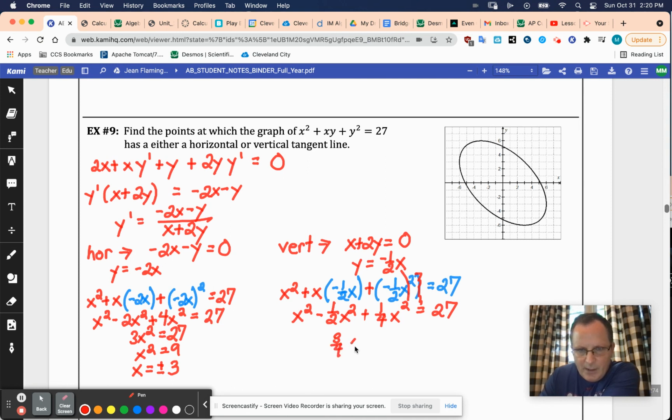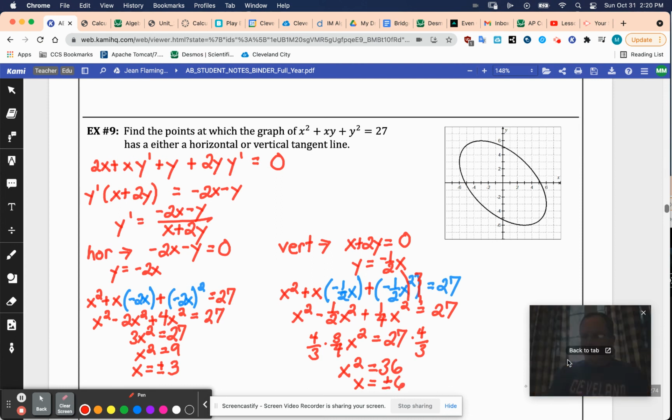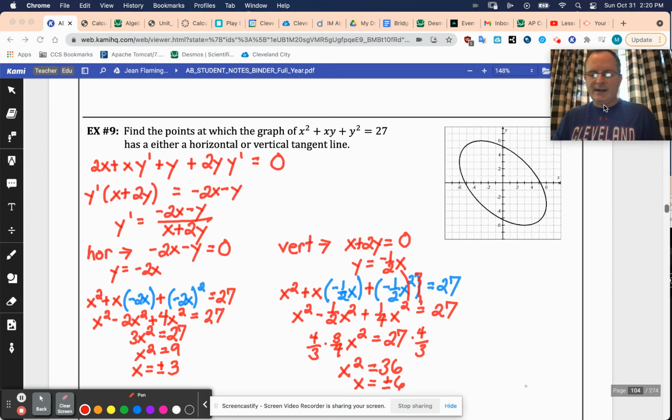So 3/4 x squared equals 27. Multiply both sides by 4/3, and that's going to be x squared equals 36. 27 divided by 3 is 9, 9 times 4 is 36. So that gives me x of plus or minus 6.